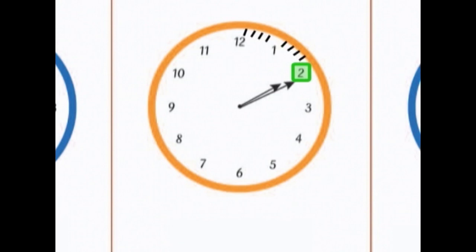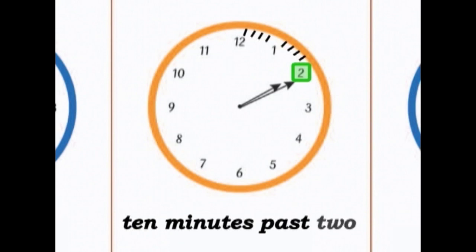When the big hand is pointing at number 2, it means it's 10 minutes past. So when the big hand is pointing at number 2 and the small hand is pointing at number 2, it's the same as 10 minutes past 2.